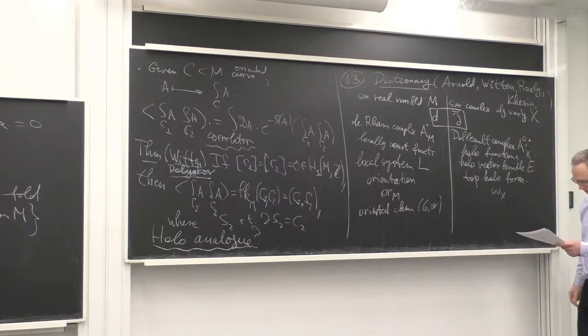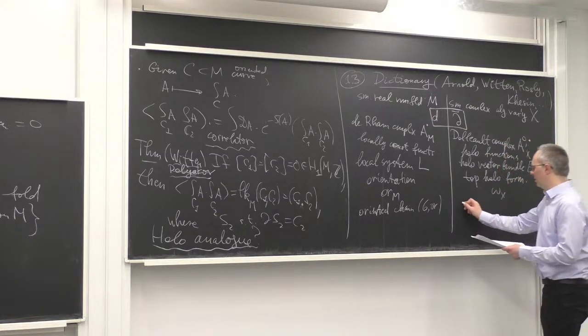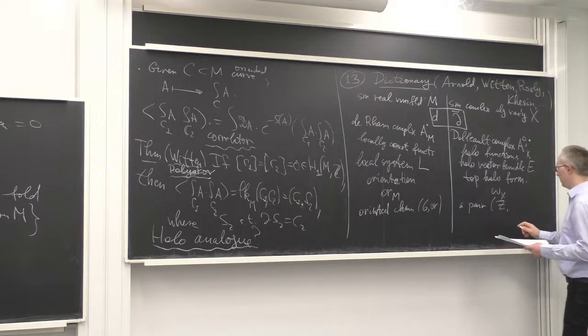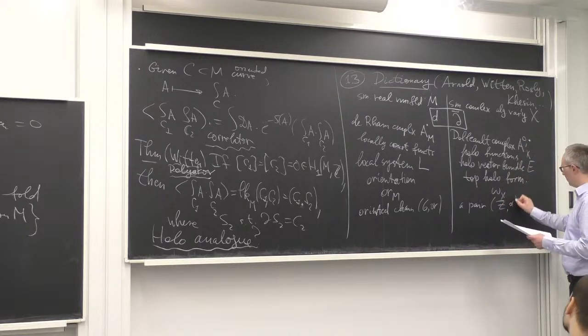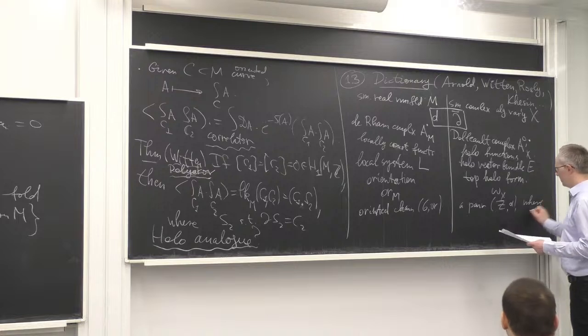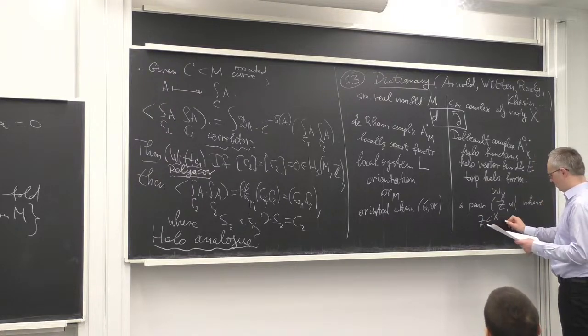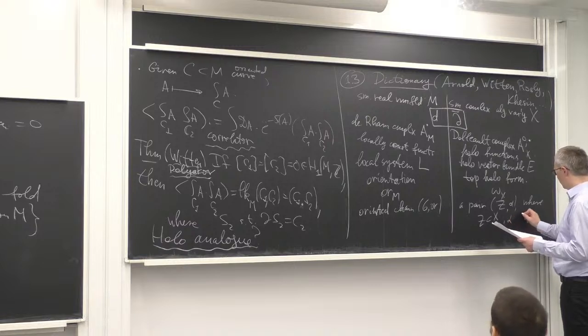It should be dropped. So there should correspond a pair which consists of a subvariety Z and some form alpha, where Z is some subvariety, maybe reducible for simplicity, and alpha is a top form.